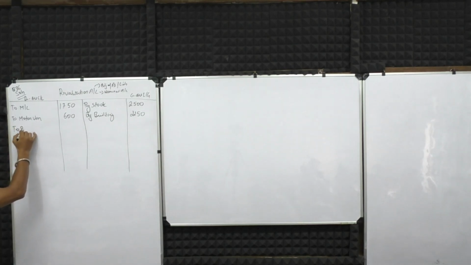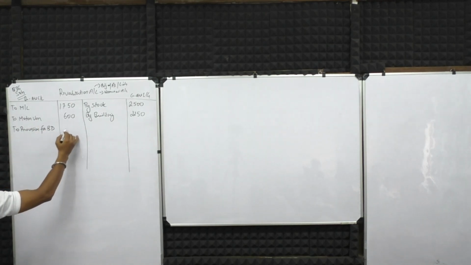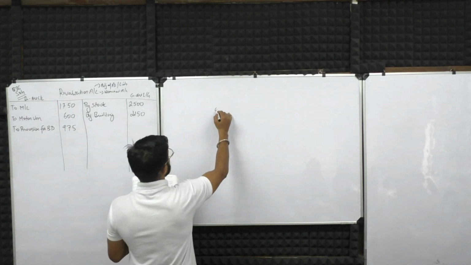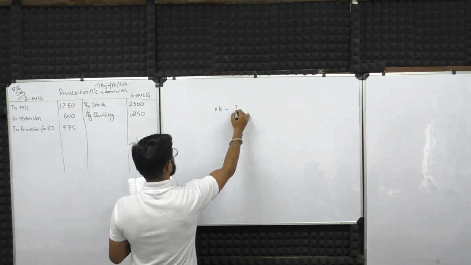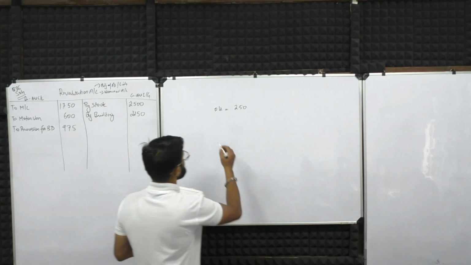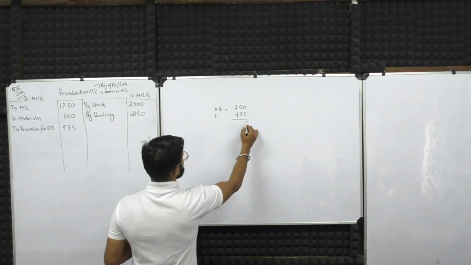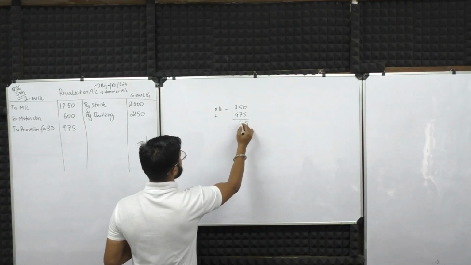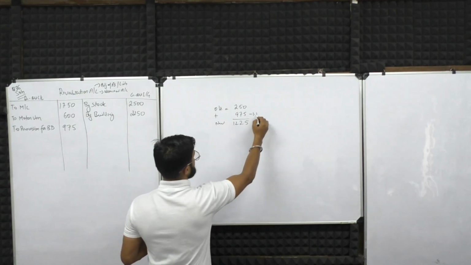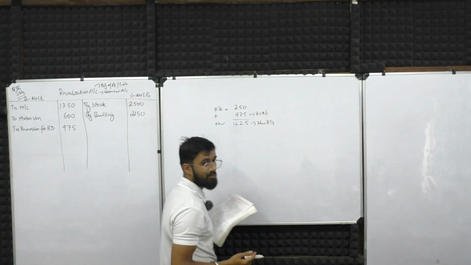The new provision will be the old value plus 975, so the new value is 1,225. This goes to the new balance sheet.